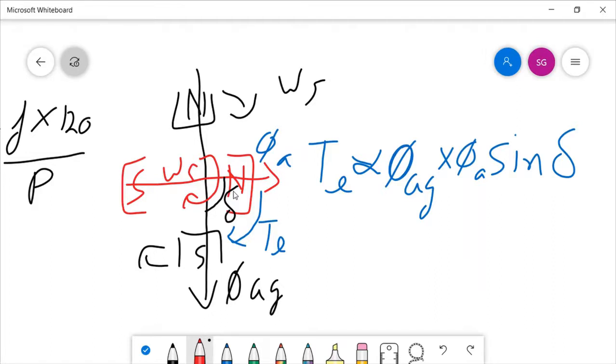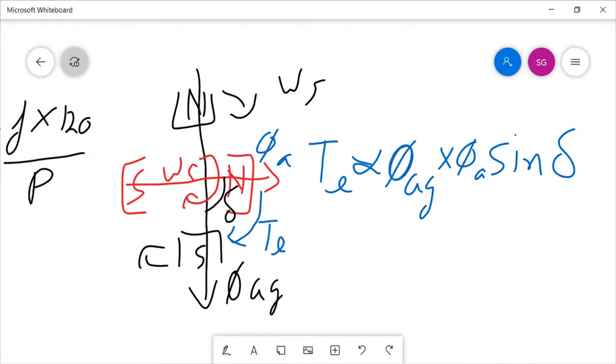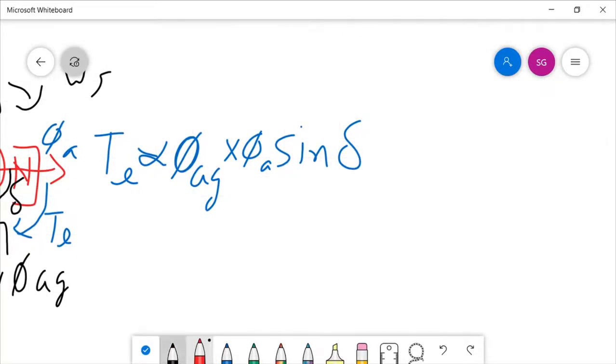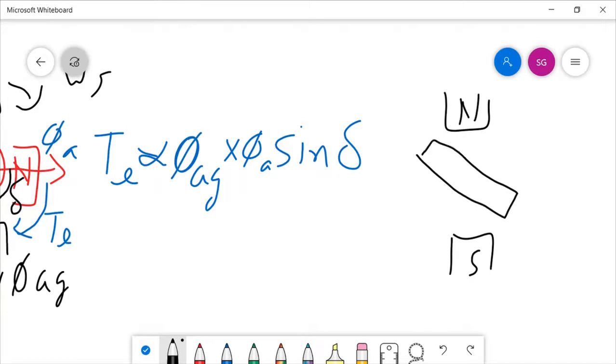So at a steady state, it could look something like this. This is your stator, and your magnet could be oriented like this. So this will be phi A, and this will be phi Ag.